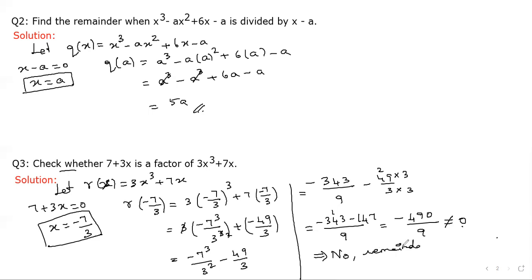Therefore, 7 plus 3x is not a factor of 3x cube plus 7x. So, these are the solutions of exercise 2.3. The rest of the questions, you try and comment on the post. Thank you, students.